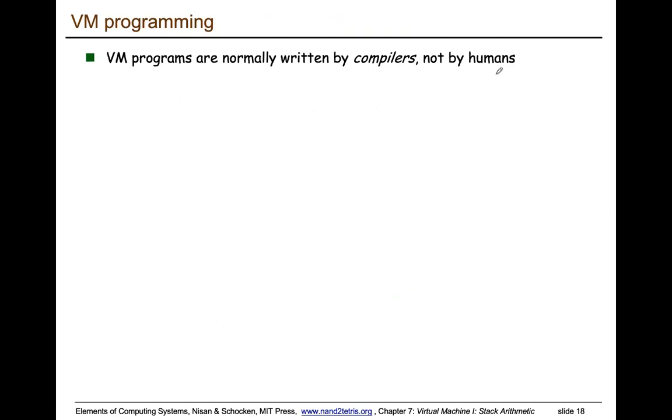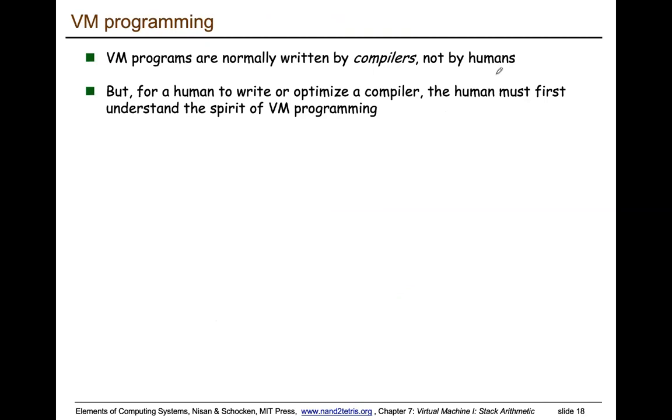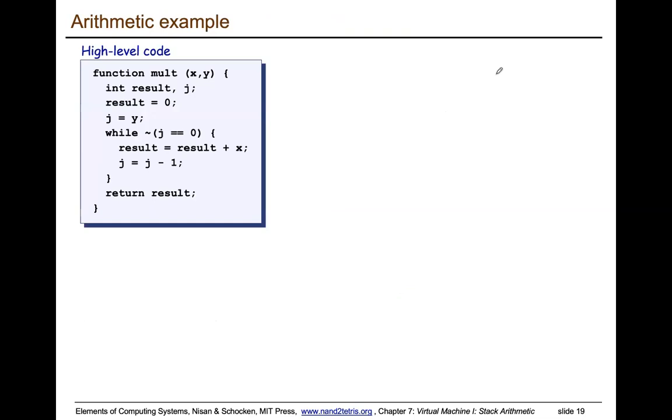Now we look at what the compiler looks like. Here is the example. We want to multiply x with y. We have this function.